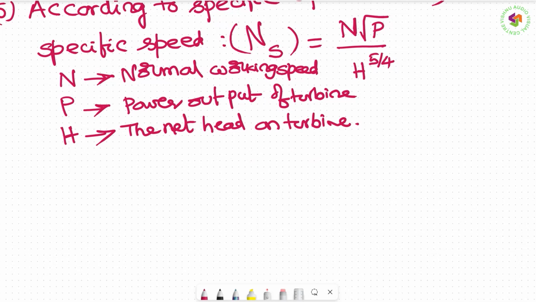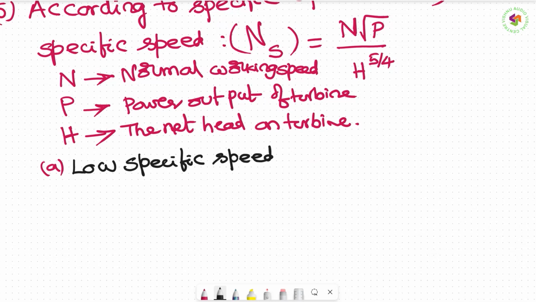If a turbine is of low specific speed, that means approximately it may be around 8.5 to 30. This is one type.